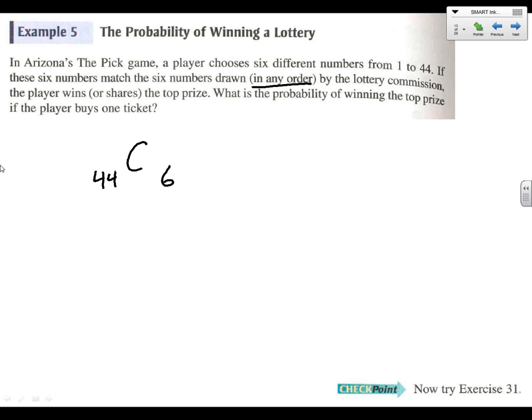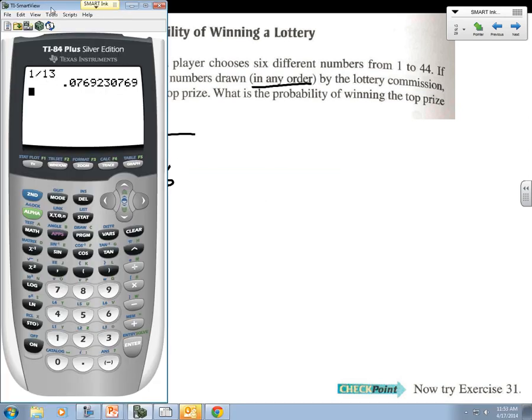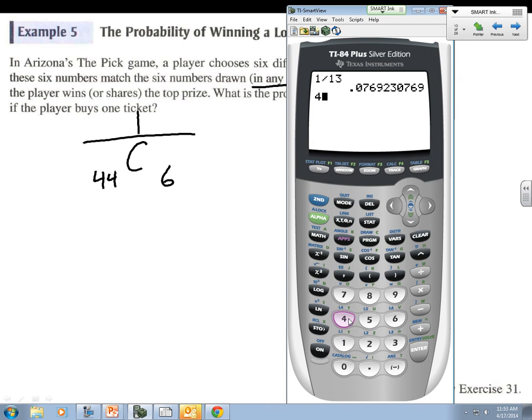How many are we buying? We're buying 1 of them. So we have a 1 out of 44C6 chance of winning this lottery. And what is 44C6? You have a 1 in 7,059,052nd chance.